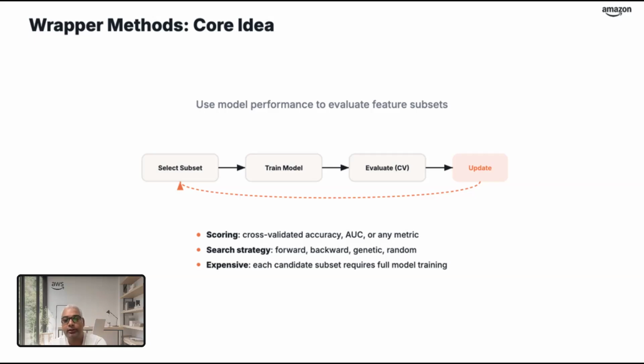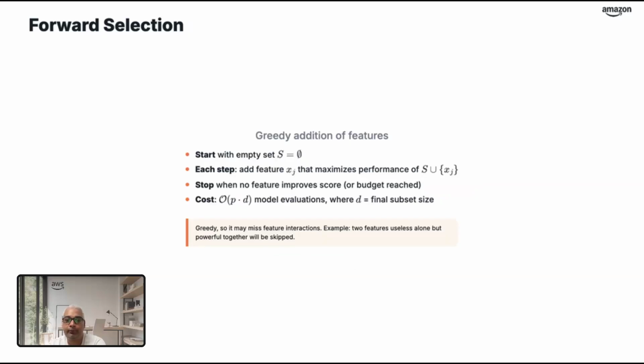For logistic regression, this is possibly manageable, but for models which are costly to train, like neural networks, this is prohibitive. Wrapper methods are mostly practical for fast models and when we have a small number of features, so the possible number of subsets is low. Beyond that, we should consider what are called embedded methods.